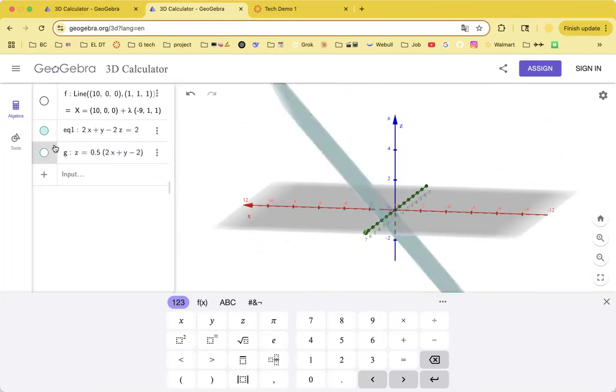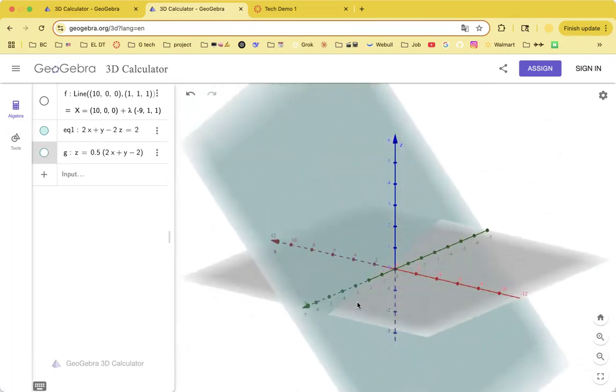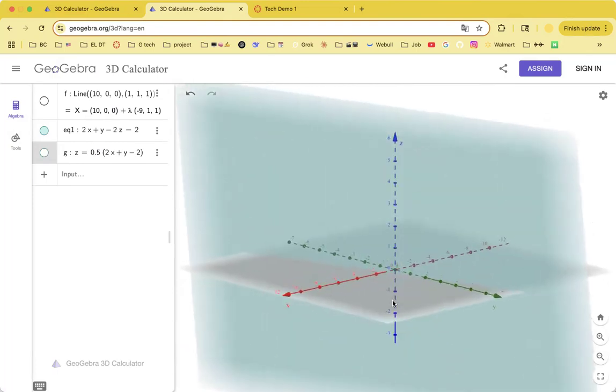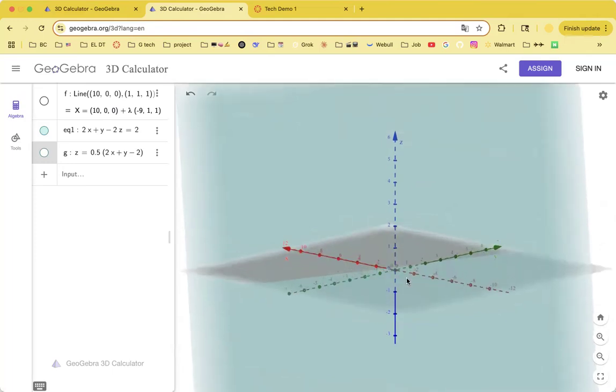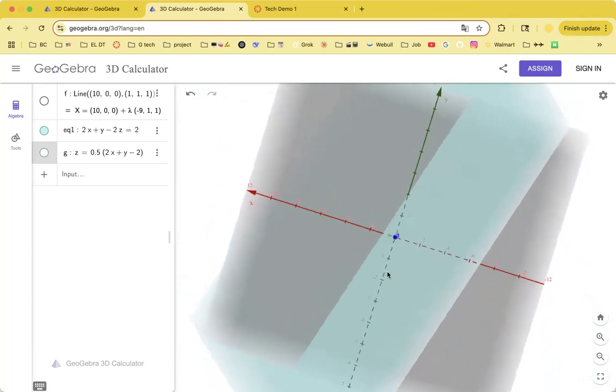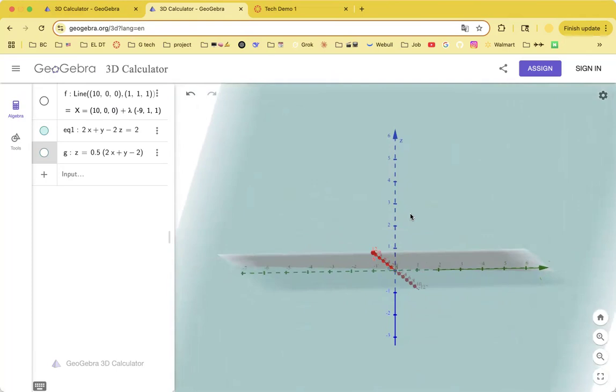But let's make this one invisible, and then let me show you how it looks from different perspectives. So it's the 3D plane. And if you see from the bottom, it shows like this.